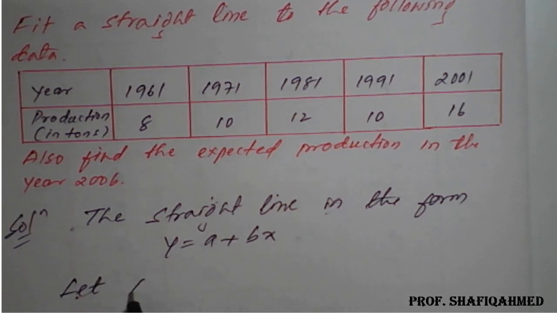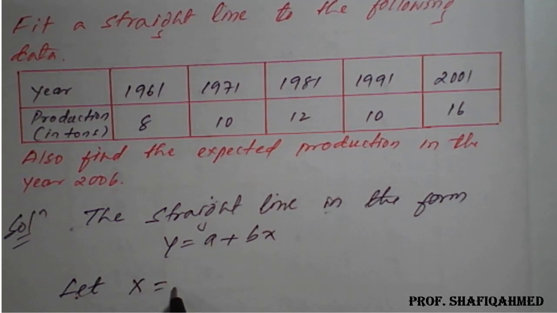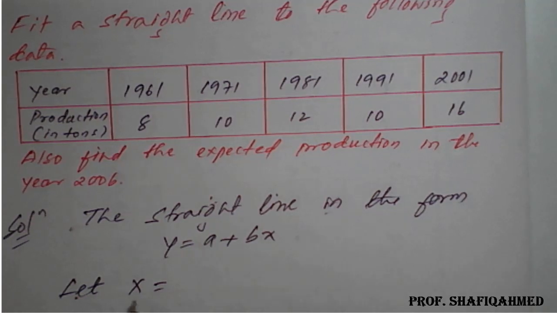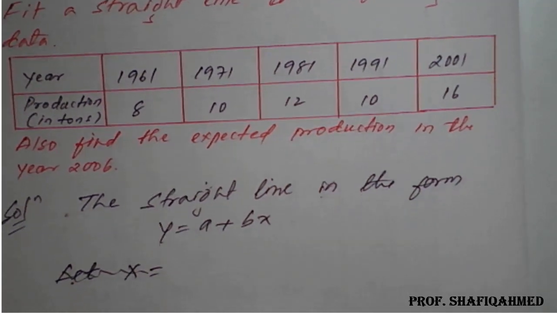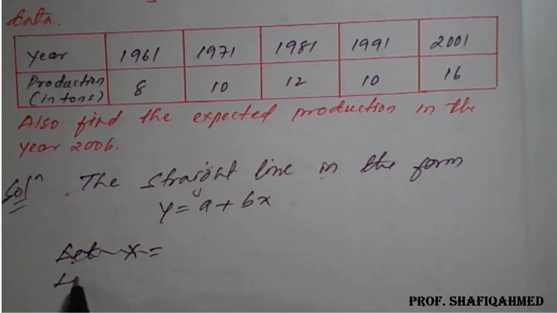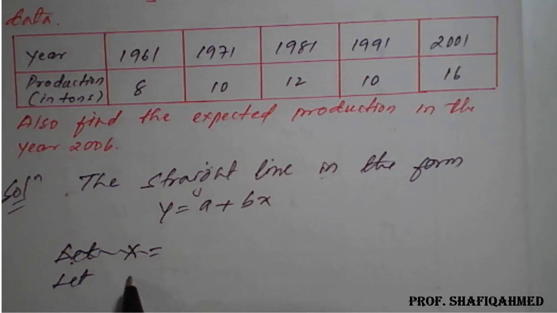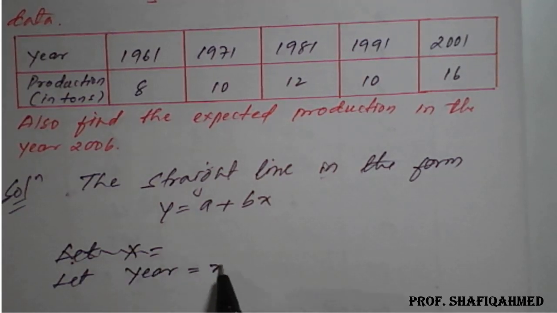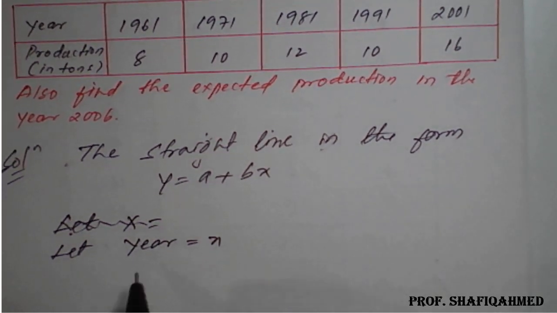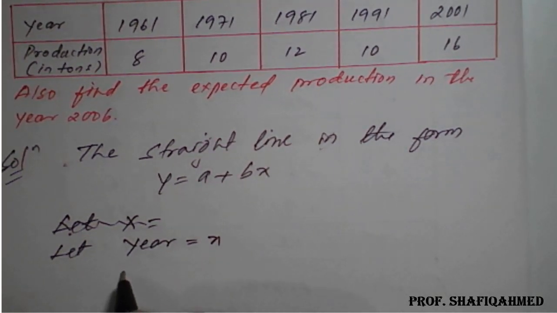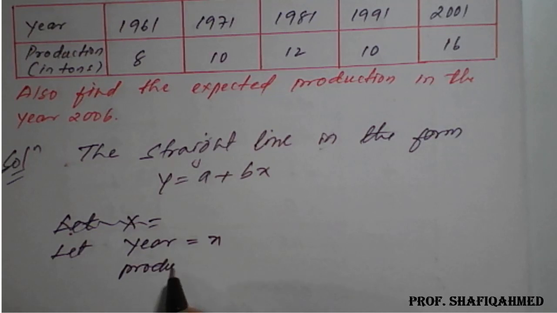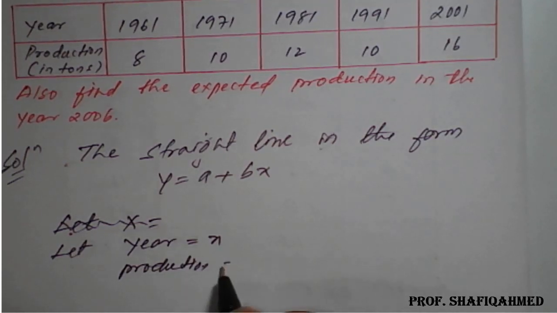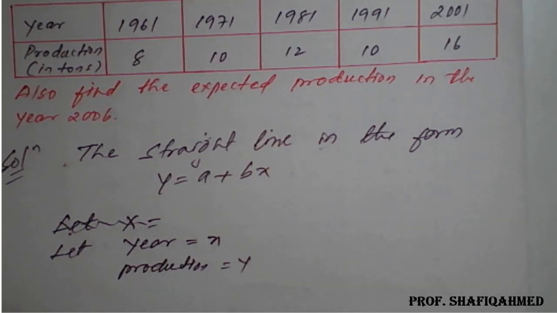Let year be small x, and production be y.